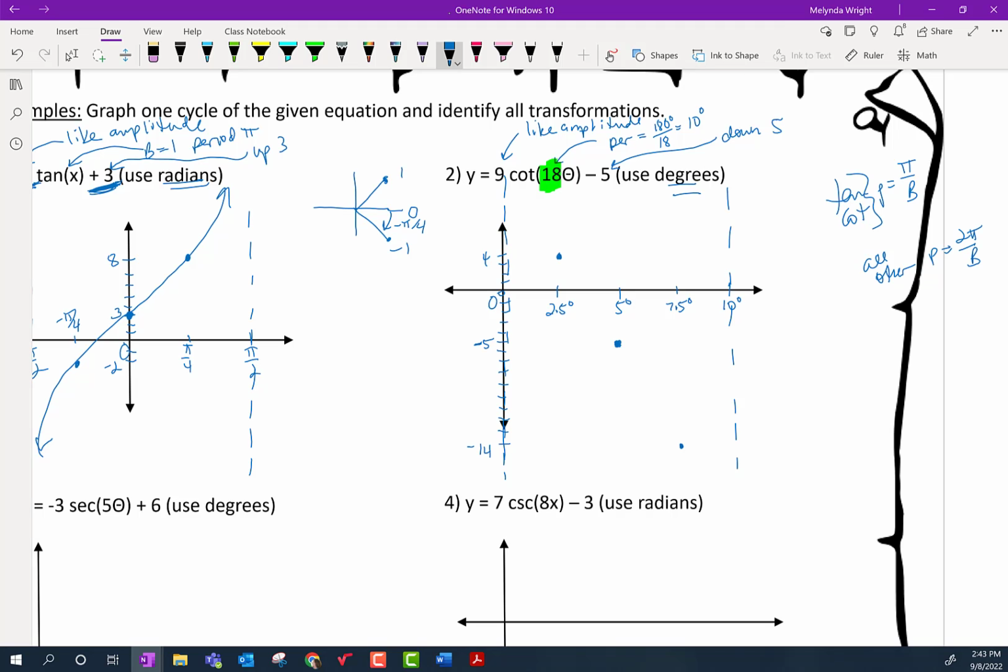We're not looking at any other points besides those specific points. And so we draw it. Okay, that's terrible. And there's our graph.